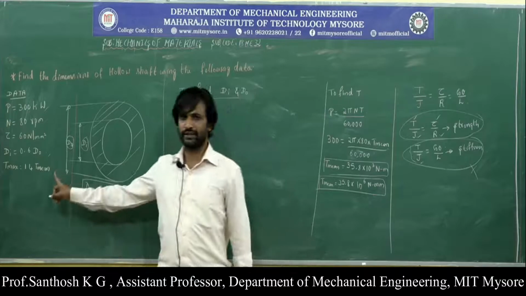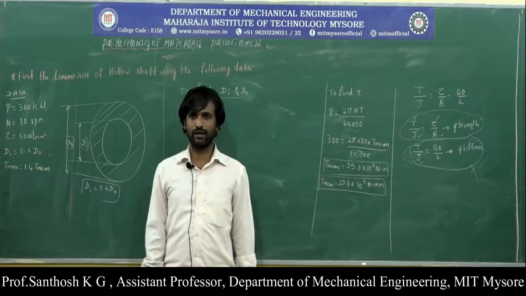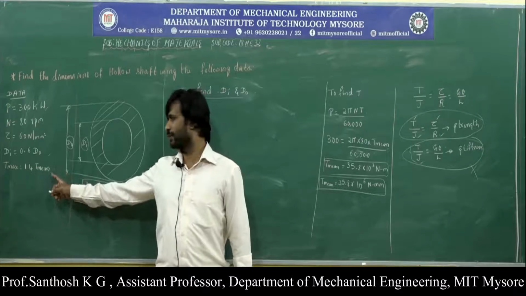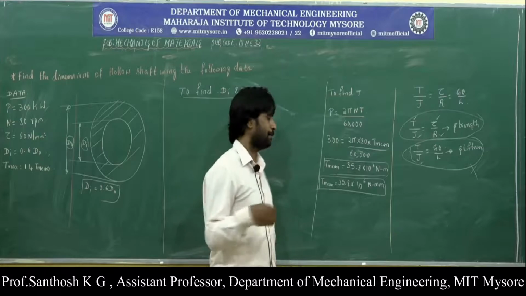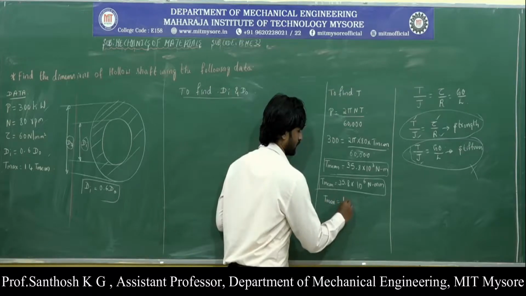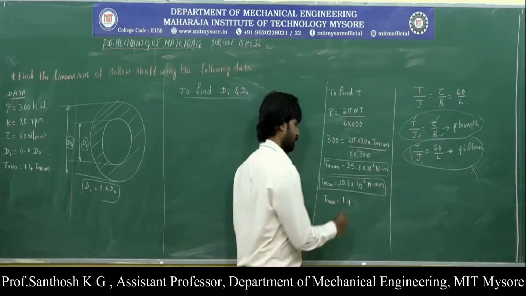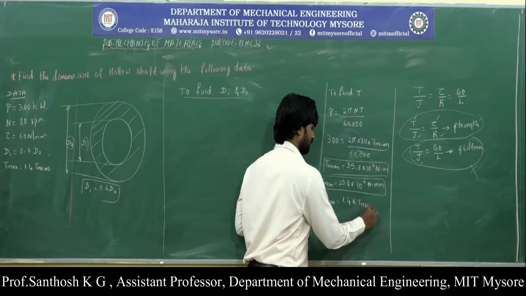And if you look at the data, they have specified that the maximum torque the shaft will be subjected to is 1.4 times the mean torque. So first let us try to calculate the maximum torque. It can be calculated by multiplying 1.4 by the mean torque.